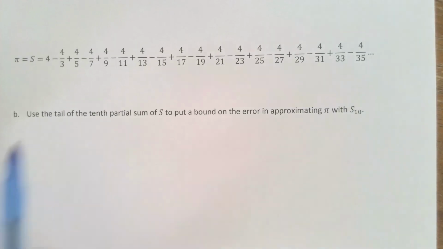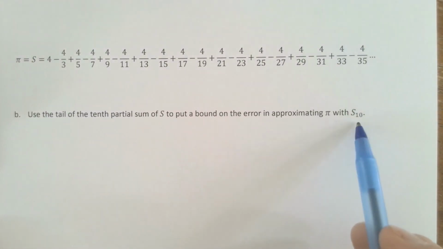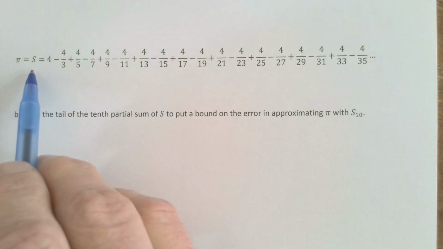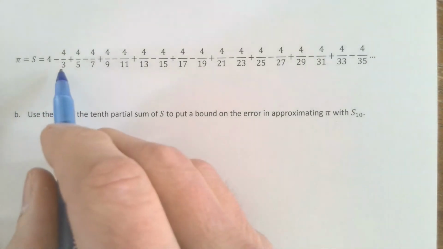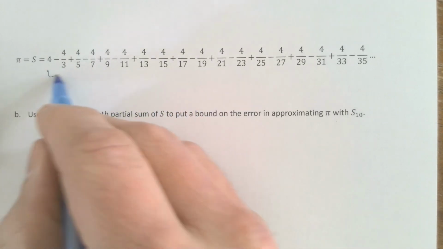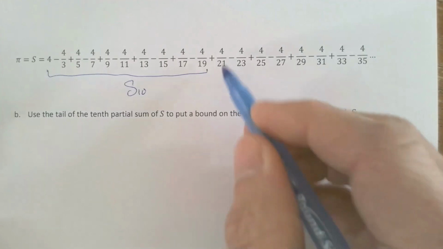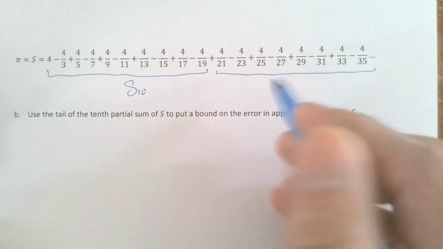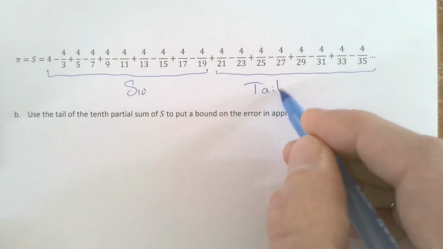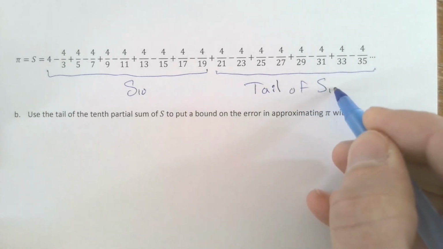All right, it says use the tail of the 10th partial sum of s to put a bound on the error in approximating pi with S10. So here's s, and I want to take 10 terms of it. So 1, 2, 3, 4, 5, 6, 7, 8, 9, 10. That's S10. Here's the tail of S10, which itself complies with the 3 conditions of the alternating series test.